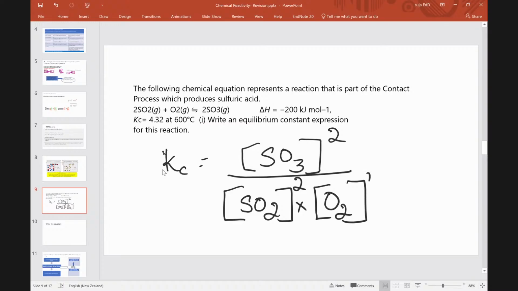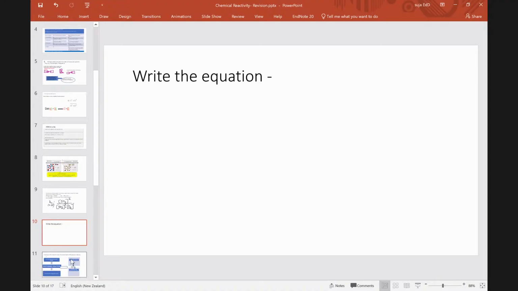This is what you write as an equilibrium constant expression for this reaction. And if I want, I can write here in bracket 4.32. That's the equation I've written for you.